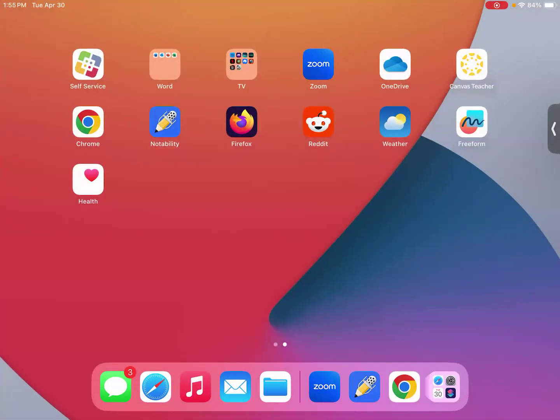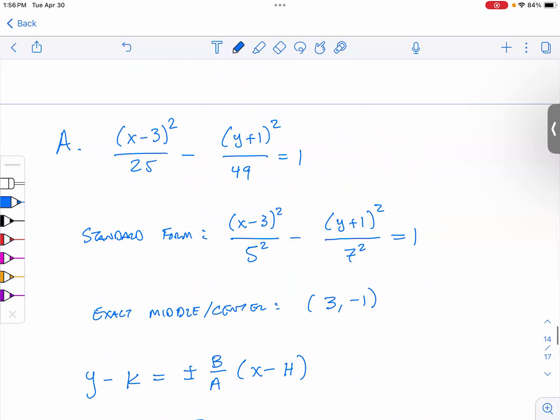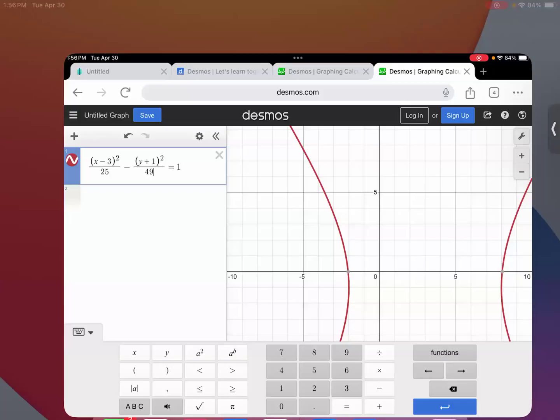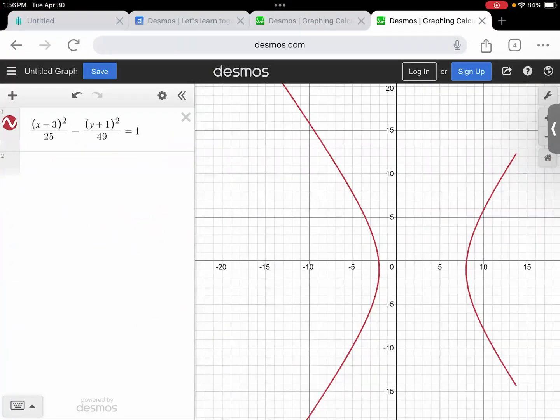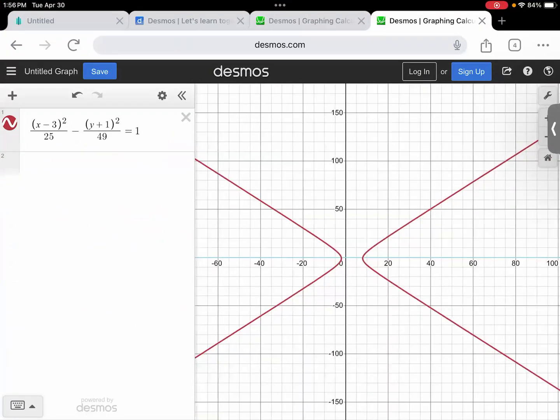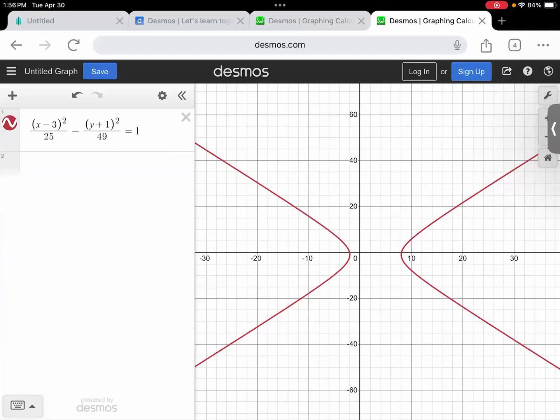Okay, and I already forgot. What did we say the middle point was? (3, -1).